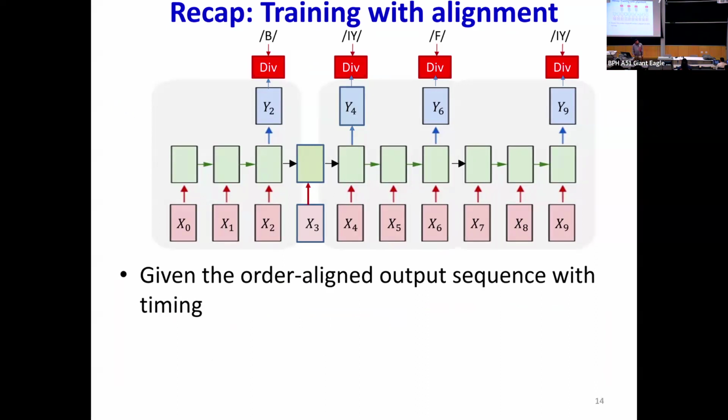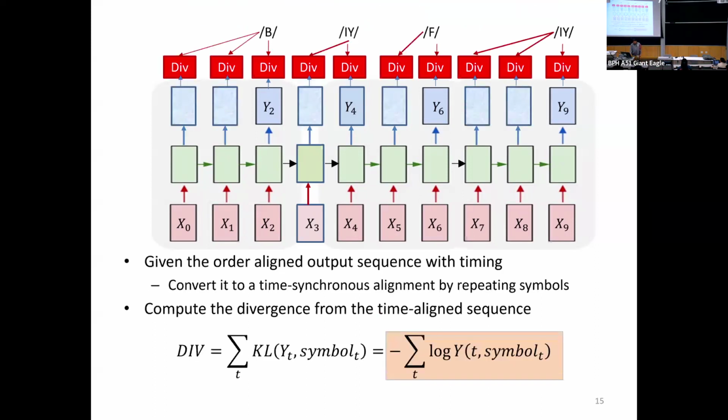For training, we saw that if you were given an alignment where you were told exactly at what instant of the input each of the outputs must happen, then we could actually just replicate the symbols to fill up the entire sequence, so that now the problem has been converted to one of a time-synchronous conversion, where there's an output corresponding to each input.